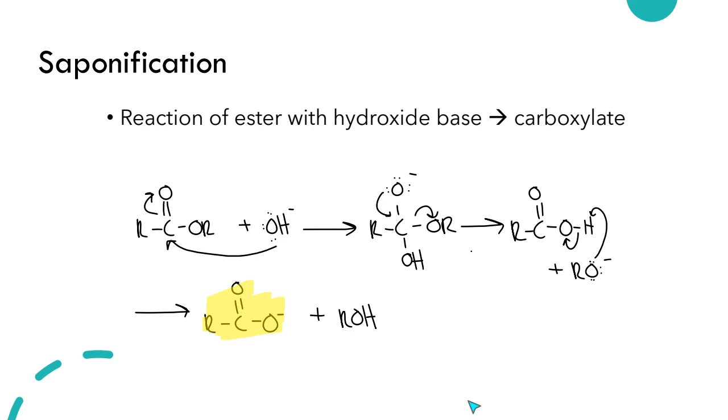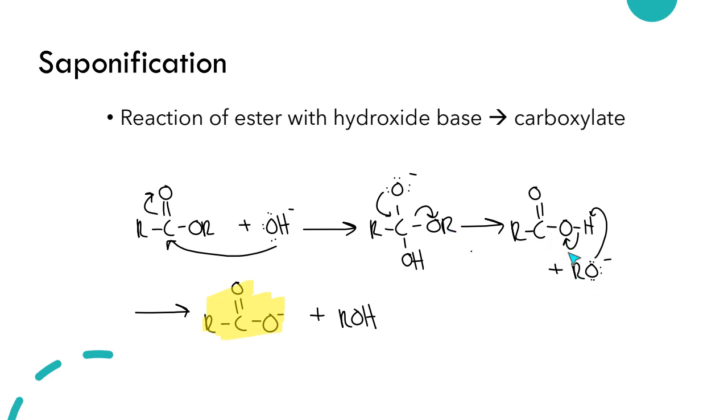Okay, saponification. This is where we go from an ester to a carboxylate, and we react with a hydroxide base. So this is a strong base, strong nucleophile. A lone pair of electrons from oxygen attacks the carbon, breaking the double bond. OR is a good leaving group, so a lone pair of electrons from the oxygen anion will come down, push that off, and we end up here.